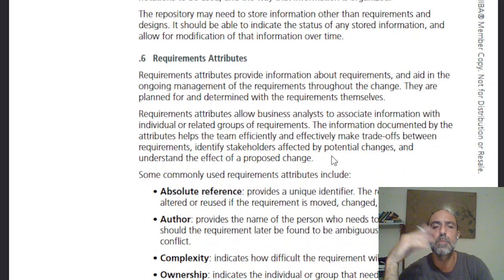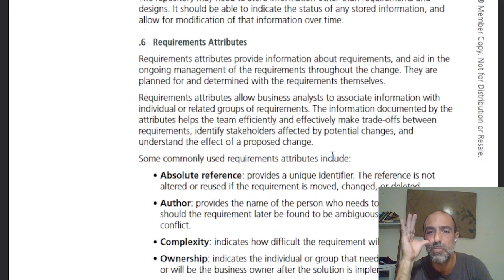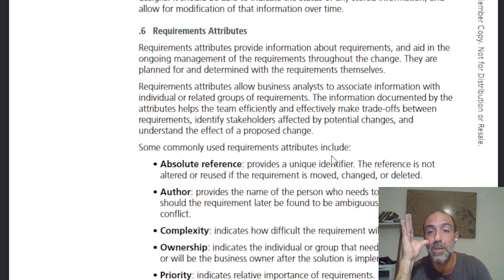Requirements attributes. Requirements attributes provide information about requirements and aid in the ongoing management of the requirements throughout the change. They are planned for and determined with the requirements themselves. Requirements attributes allow business analysts to associate information with individual or related groups of requirements.